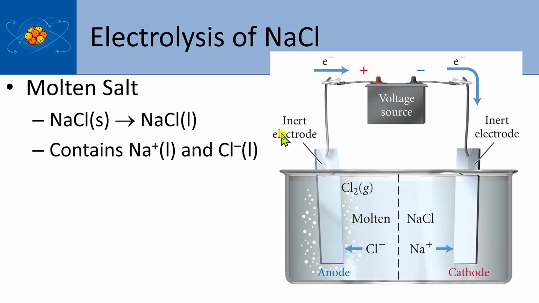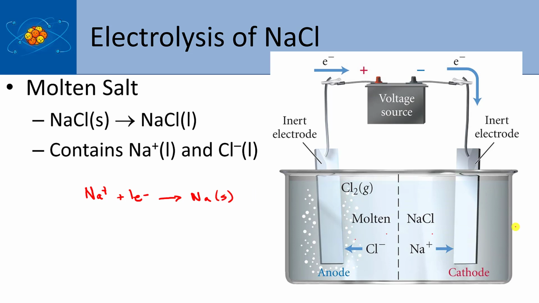Now, if you apply a voltage to these, there's a couple of different reactions that you can get to take place. Primarily in pure sodium chloride, though, what you're going to be seeing is sodium ion getting reduced, and at these temperatures it is probably sodium liquid, but it might be sodium solid.